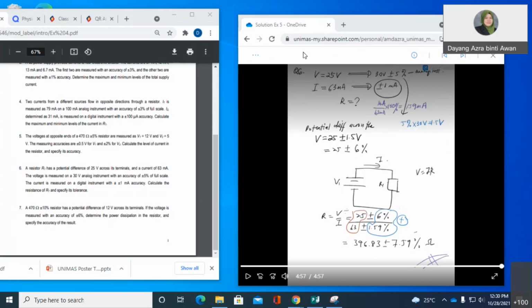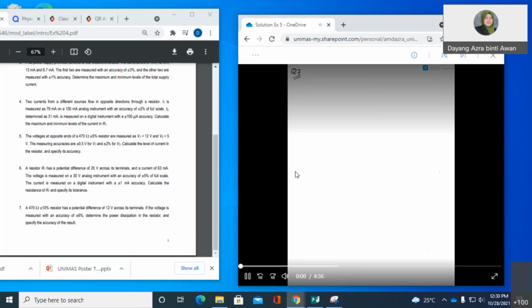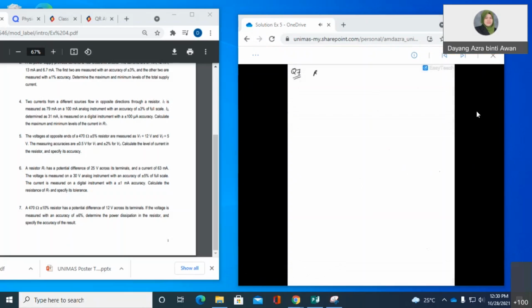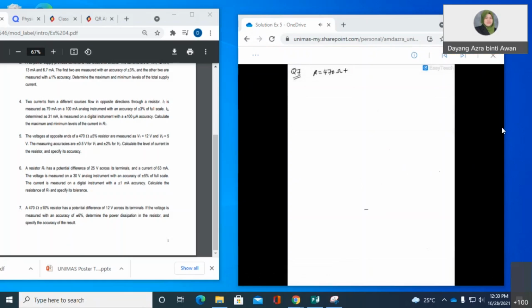Okay, so next we have the final question, question number 7. For the last question, you are given a resistor value of 470 ohm plus minus 10% accuracy, with a voltage difference of around 12 volt.